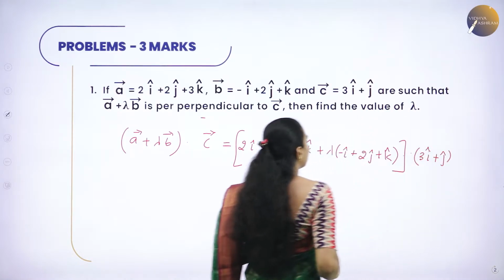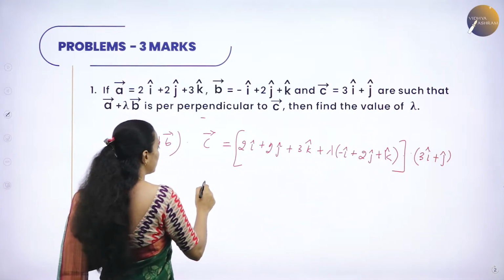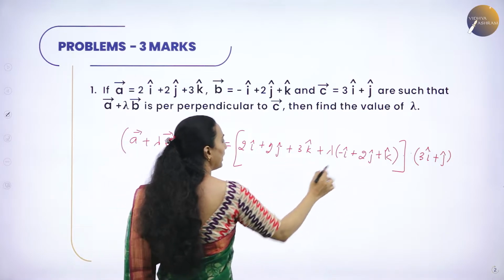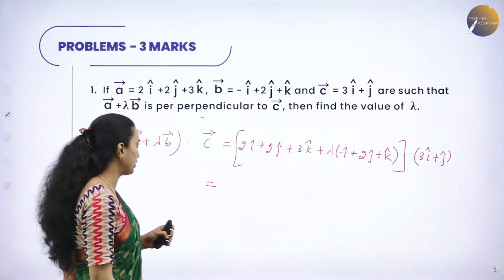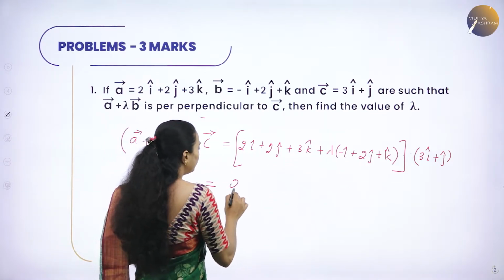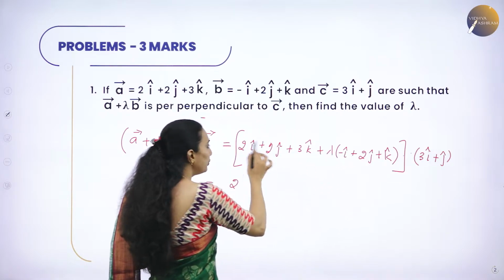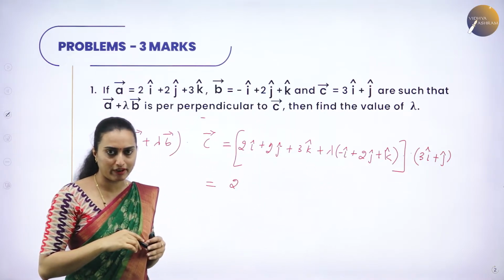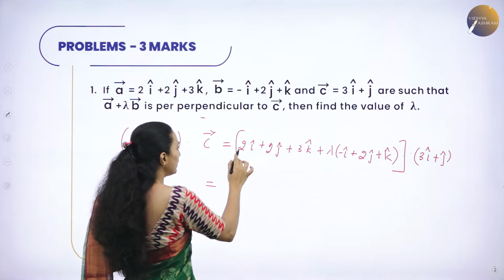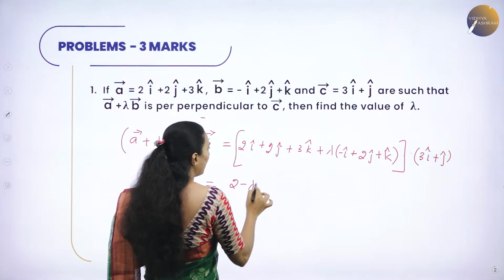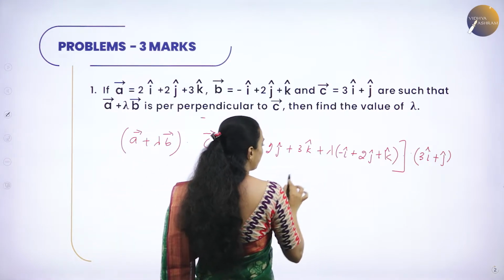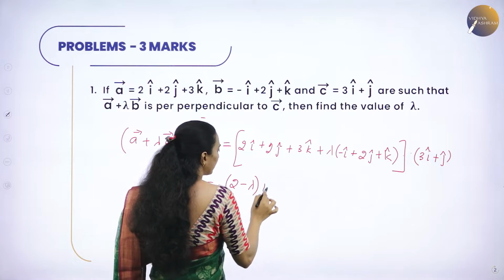Correct? So first let us multiply lambda into the b vector. So 2i, lambda into minus i, you can take i as a common factor. Therefore you are getting 2 minus lambda, because plus into minus is minus, into i cap.